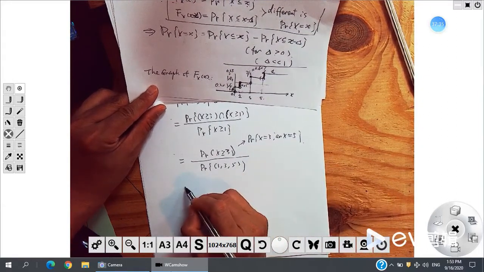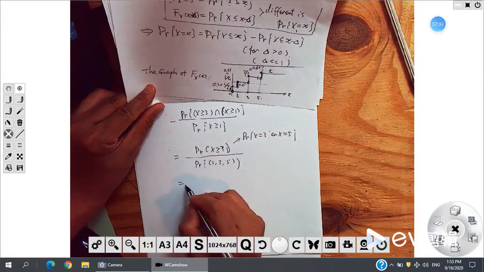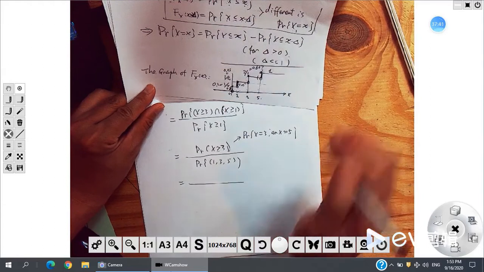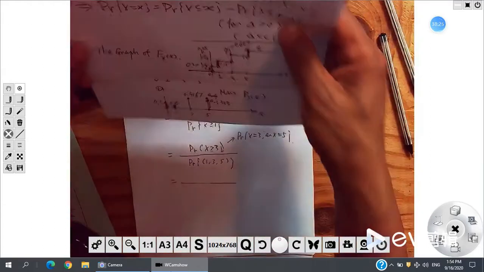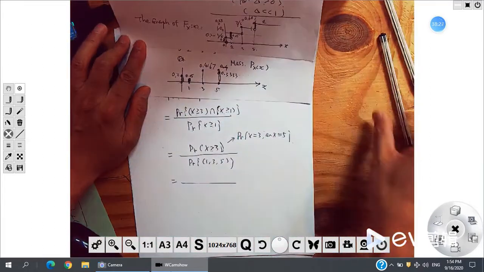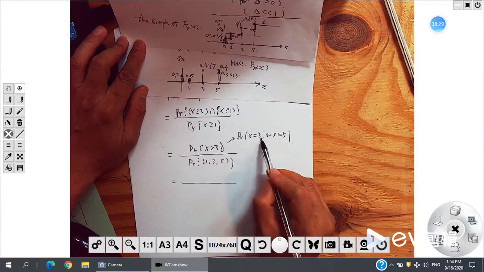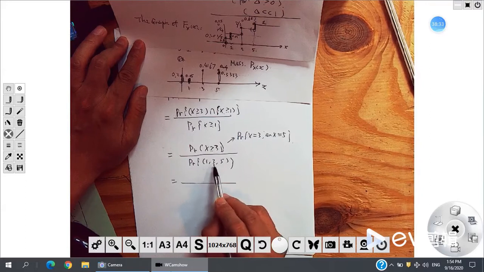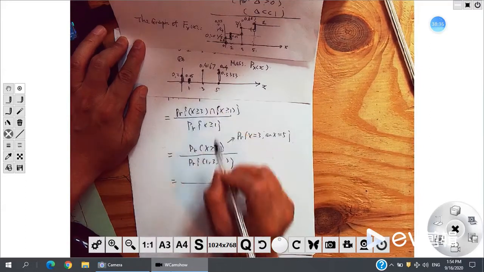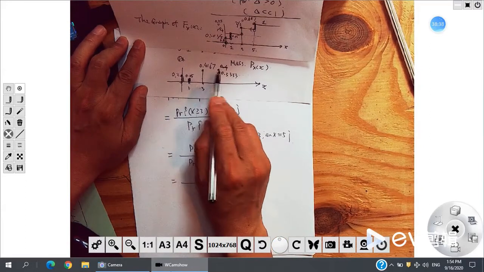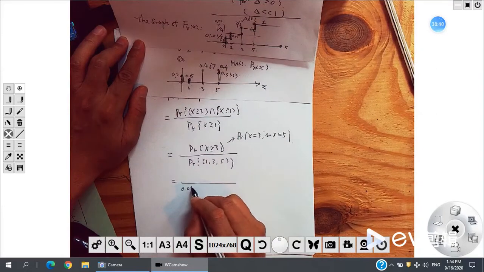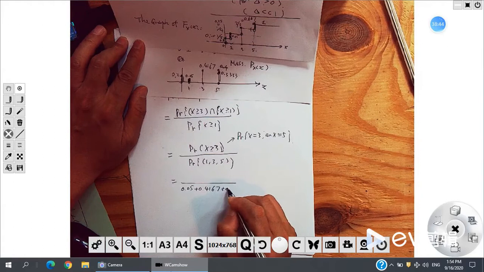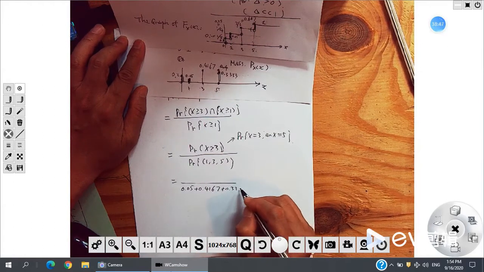Now I put in the probabilities. The numerator is 3 and 5. We check the mass function here: the probability of 3 and 5. The denominator is 1, 3, 5, so the probability is the summation of these three: 0.05 plus 0.4167 plus 0.333.